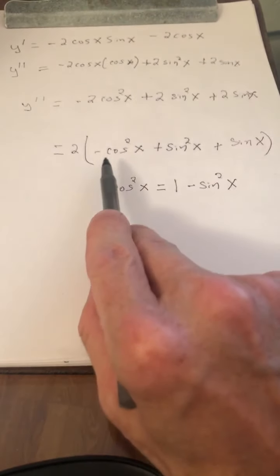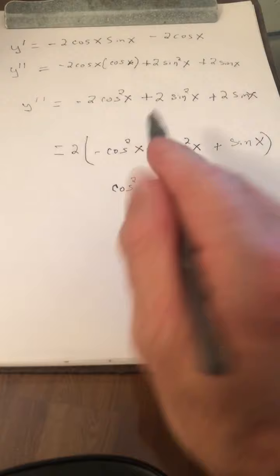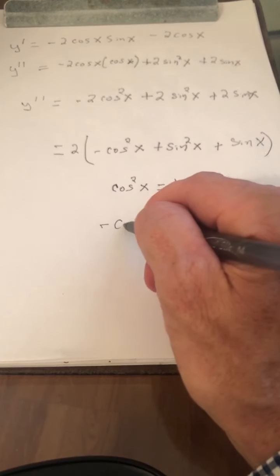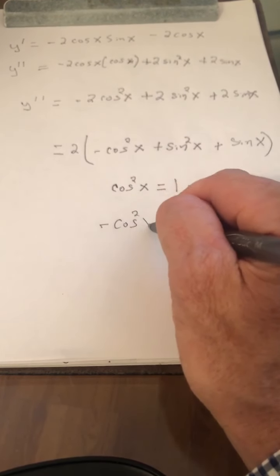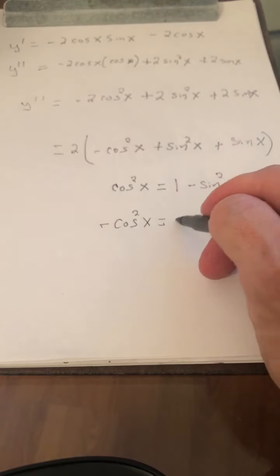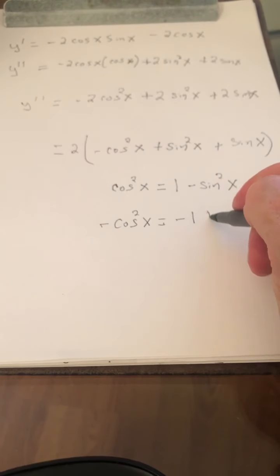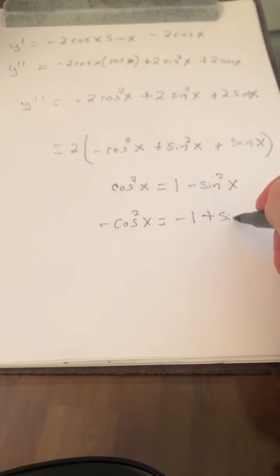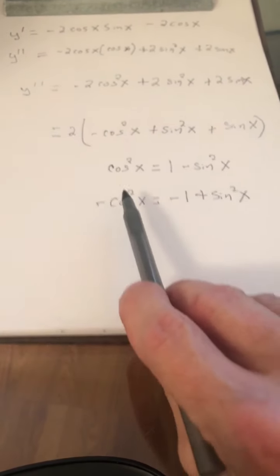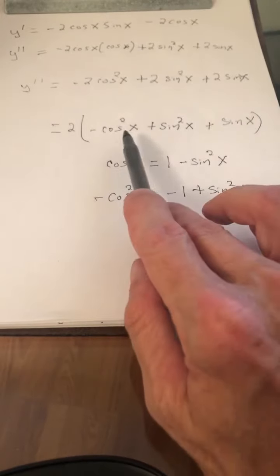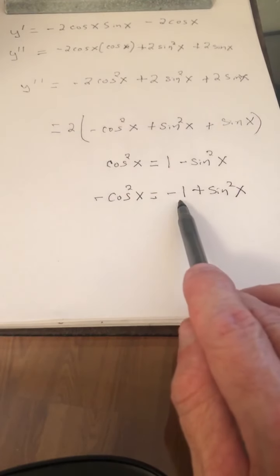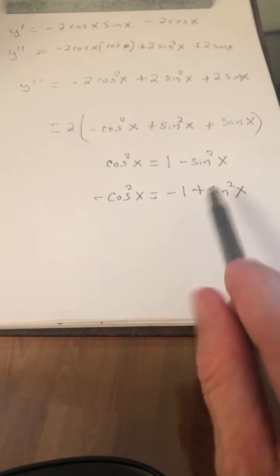What I actually have here is negative cosine squared of x. So negative cosine squared of x is negative 1 plus sine squared of x. So I'm going to replace negative cosine squared of x with the quantity negative 1 plus sine squared of x.